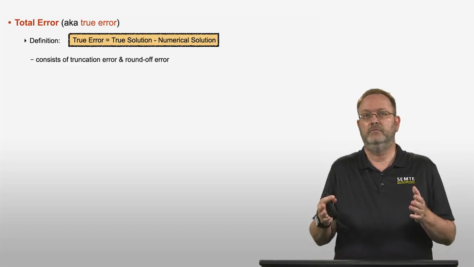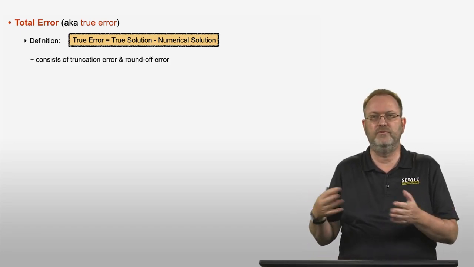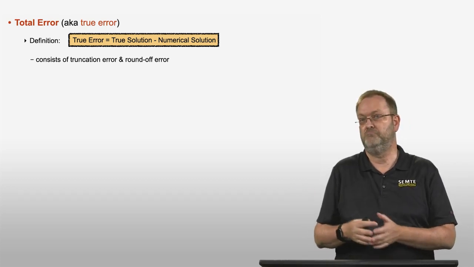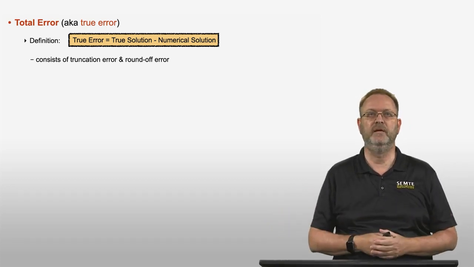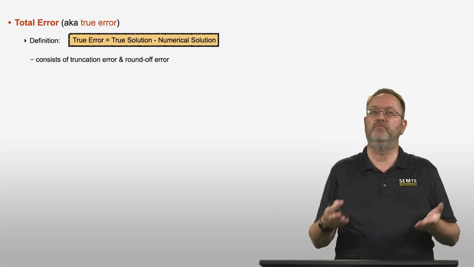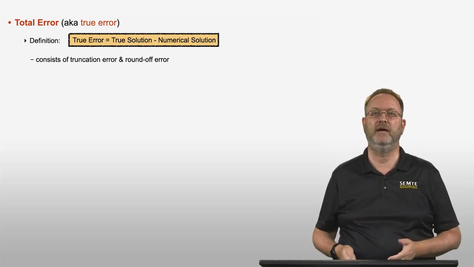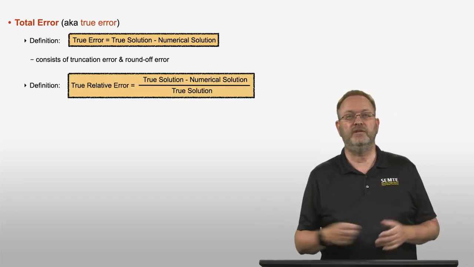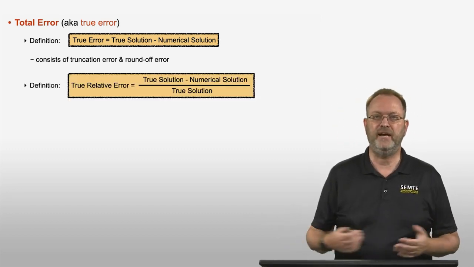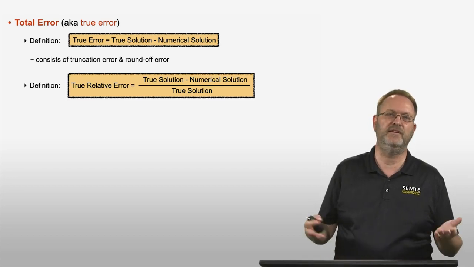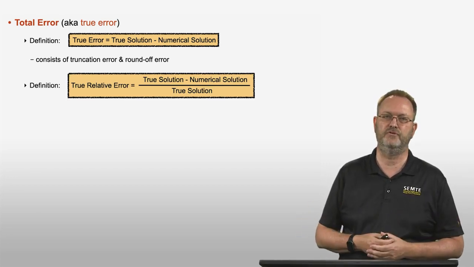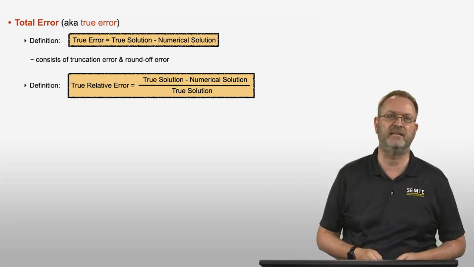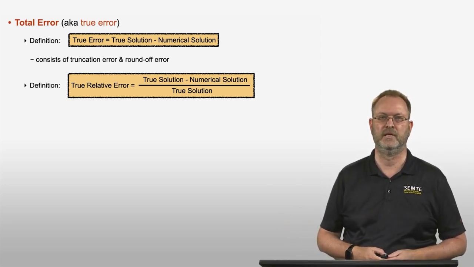And that error, right, if the numerical solution is the result of some complicated computations that have truncations in them, then that error consists of both truncation error and round-off error. Now we can then also define the true relative error, which is basically just the true error divided by the true solution, or the true solution minus the numerical solution divided by the true solution.